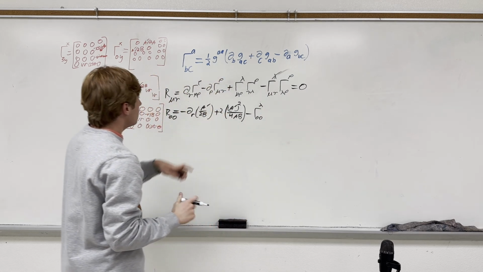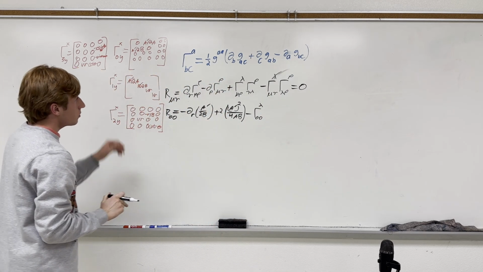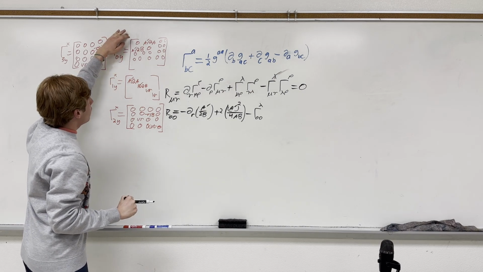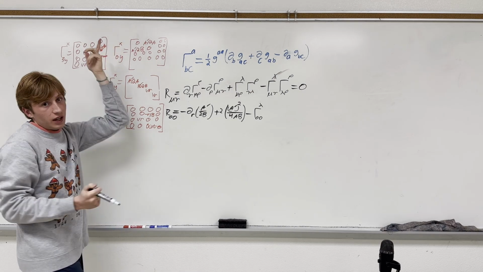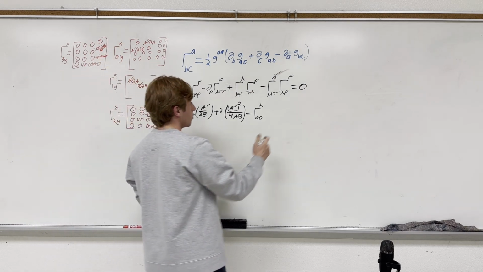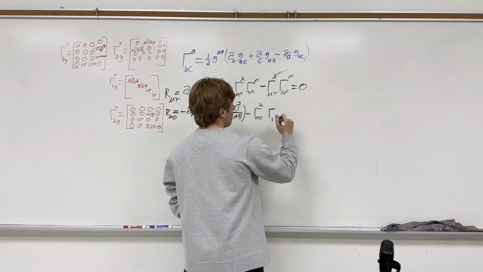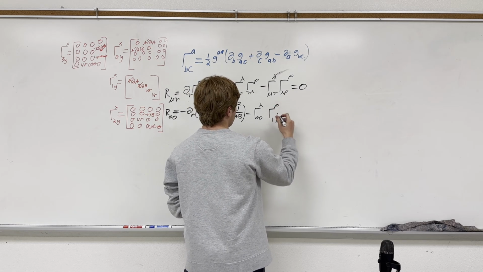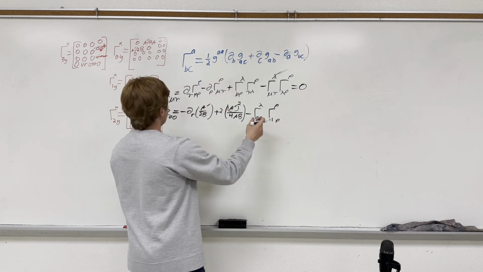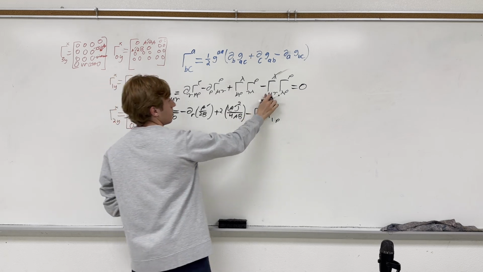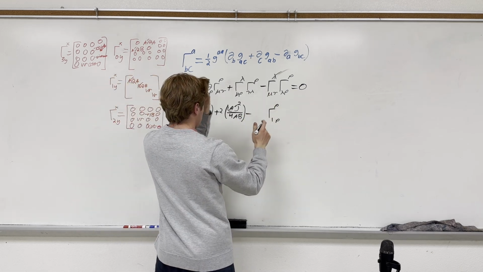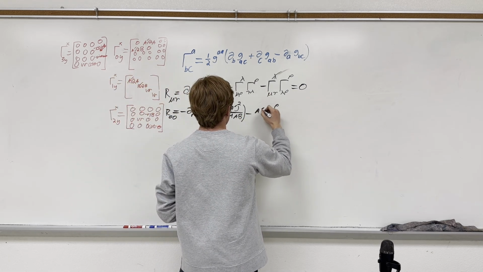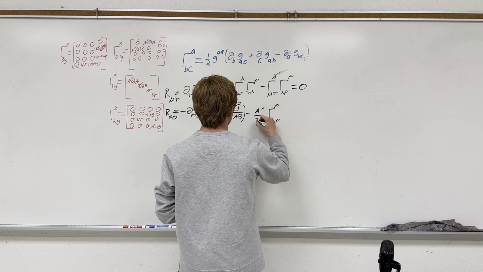But the only time this right here is not 0 is when lambda's 1. So we can just throw that into here immediately. So we have a rho here, and just throw that in there also. So we have a prime over 2b.